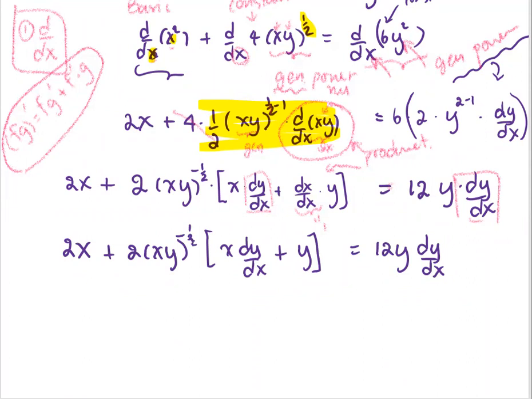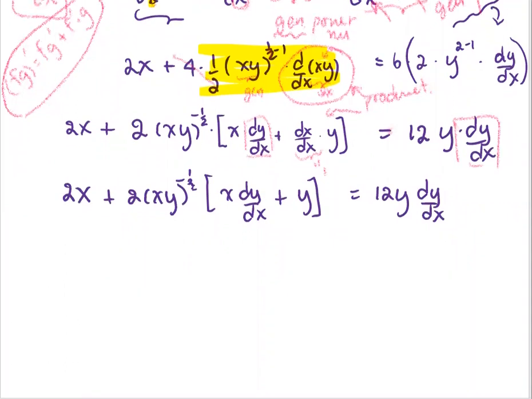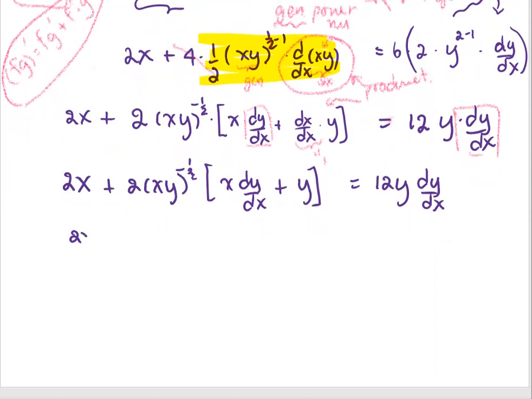And then you collect the terms for dy by dx, which is the next step of the implicit differentiation. Okay, so at this step, you have the negative power. Here's the thing, you can carry it as a negative power or rewrite the negative power as a positive power, but in the reciprocal form.